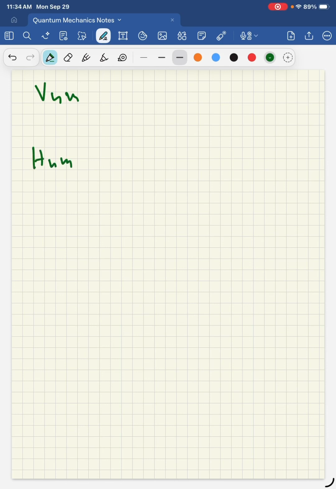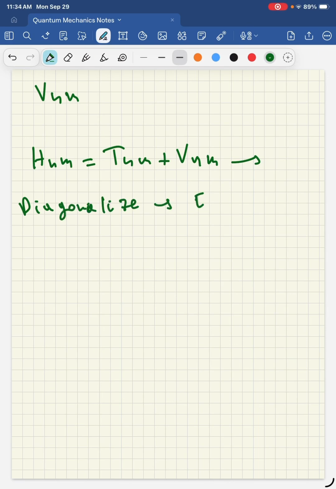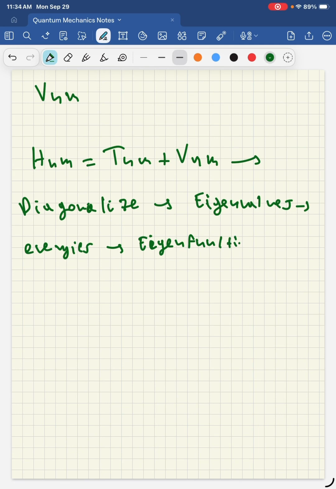So that you will have the matrix H and M equal to T and M plus V and M. And then you need to diagonalize it. Diagonalize, which means finding the eigenvalues, which will be the energies, and the eigenfunctions, which will be the wave functions, okay, the bound states.